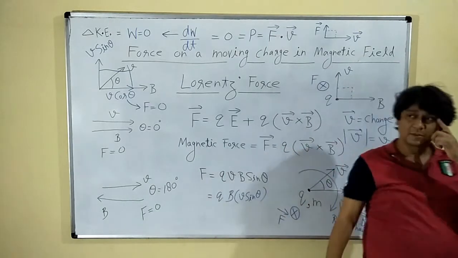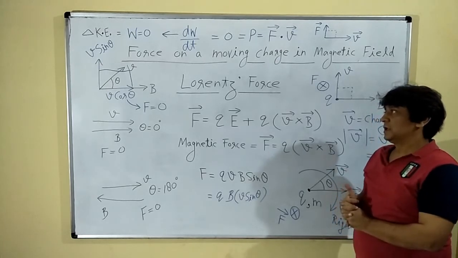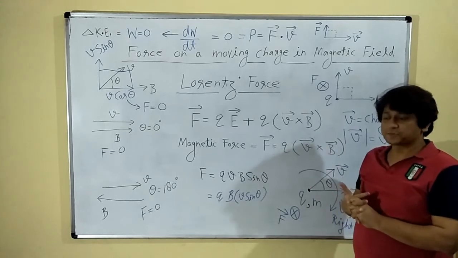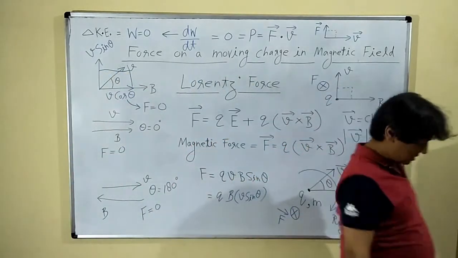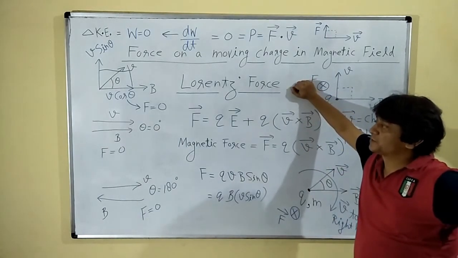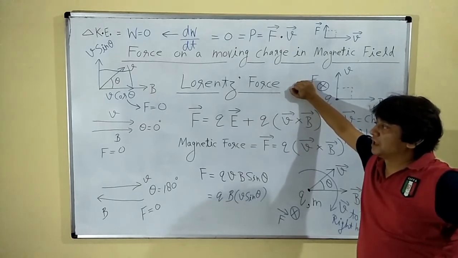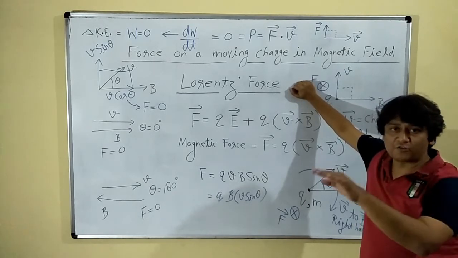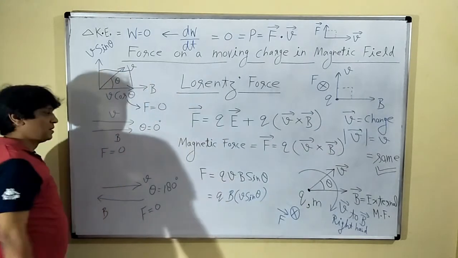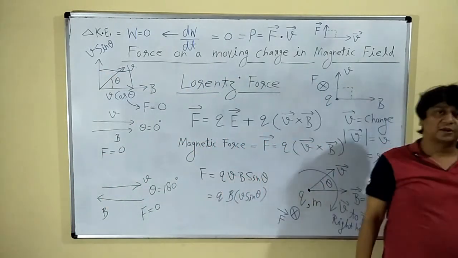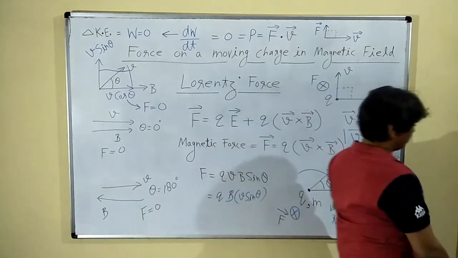If a charge is moving in an external magnetic field, then its speed never ever changes, and if it is not moving along the line of magnetic field, then only the direction of velocity changes.